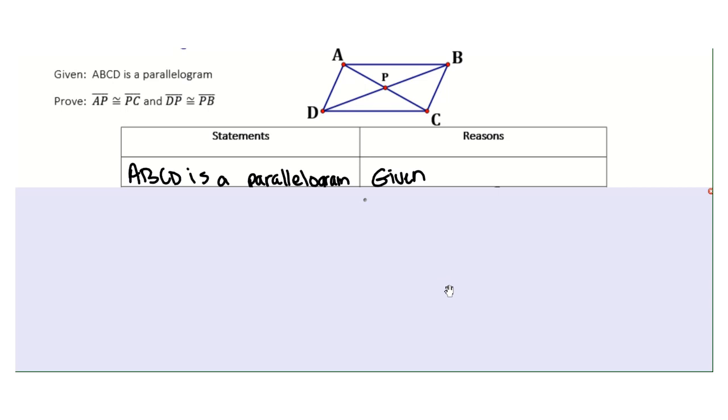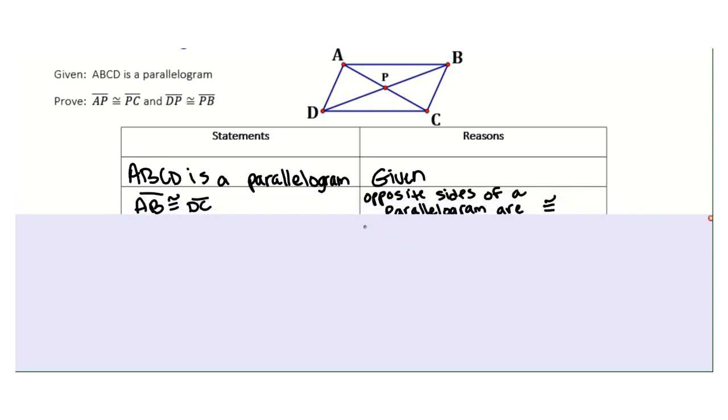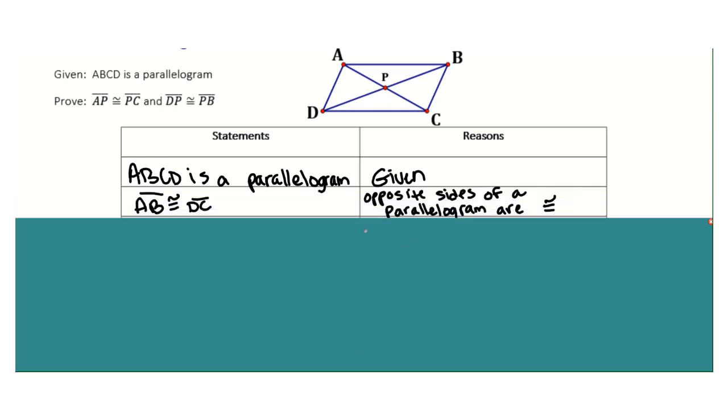All right, so here we have this quadrilateral, and the first statement that they tell me is that this quadrilateral is a parallelogram, so that's good. So what do I know? I know that opposite sides of a parallelogram are congruent because we proved that in our first proof.